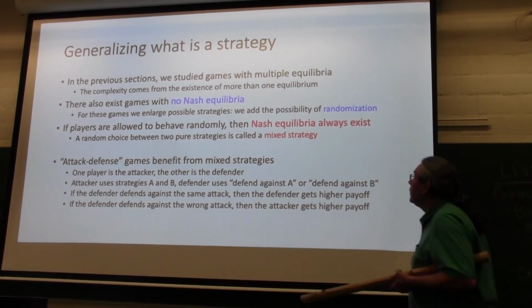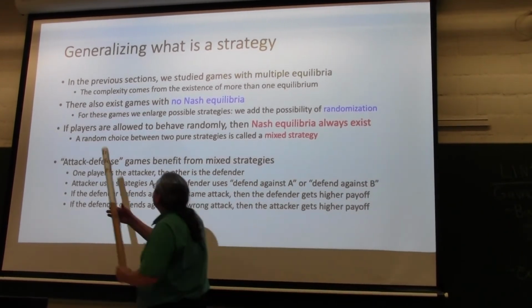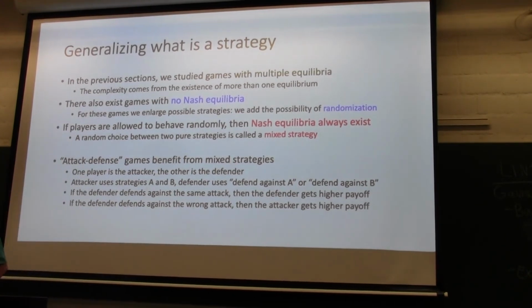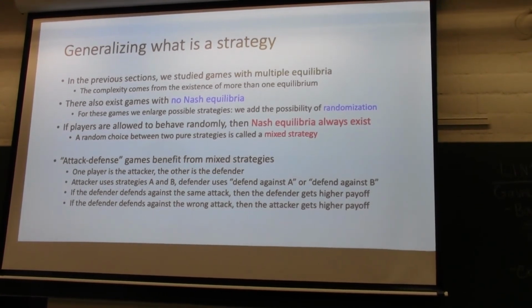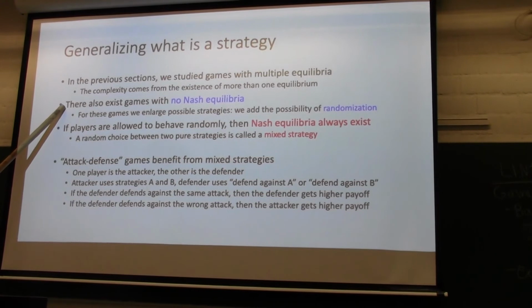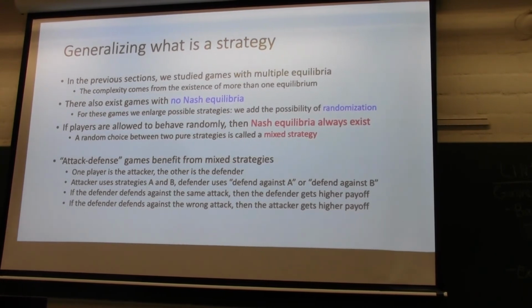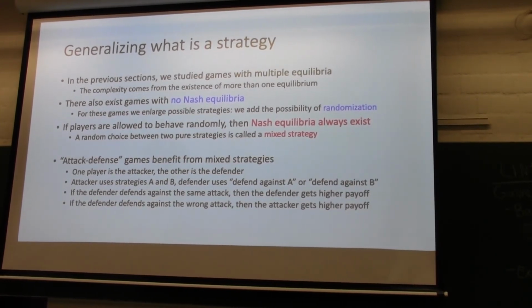Okay? Now, in the previous sections, we had games with more than one Nash equilibrium. You can also have games with 0 Nash equilibria. But actually, that's only 0 if you have to pick one strategy or the other.